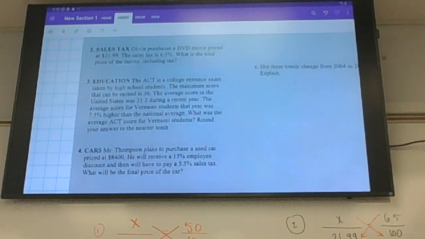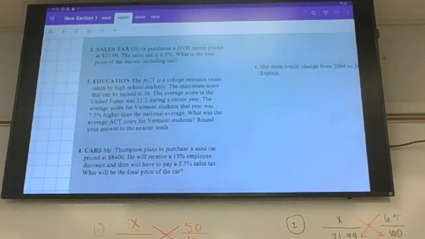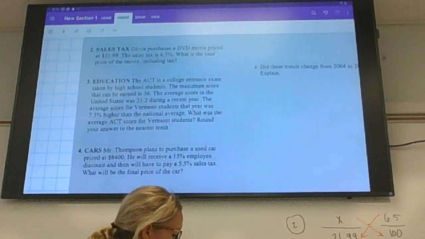Okay, it looks like number 3 will be probably the last one. Tyler, did you finish 3 yet? You set it up for me, Tyler. Got like 3 new students in this room.